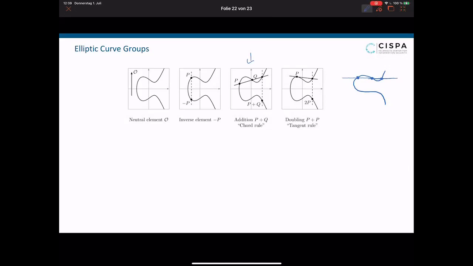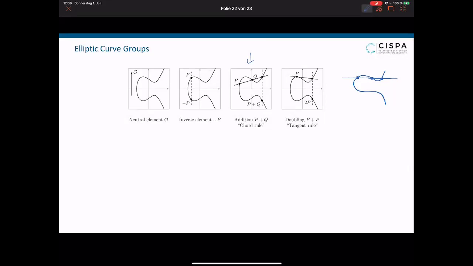So, in general, this needs to be conditioned, but every line goes through 3 points, unless the line is a tangent. Tangents only go through 2 points. So this is a group where the operation is addition.